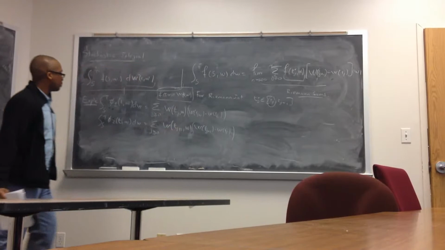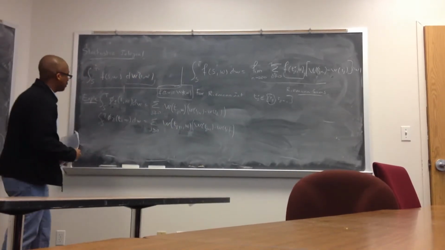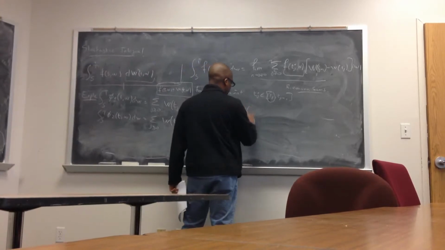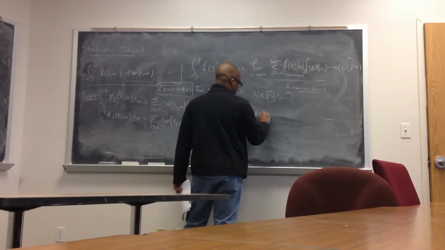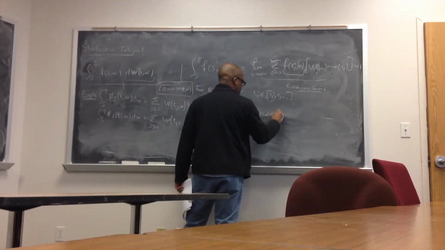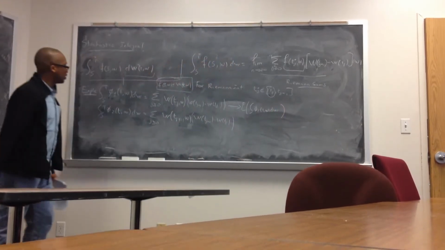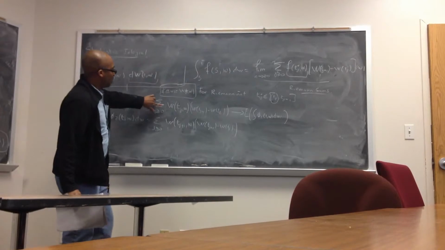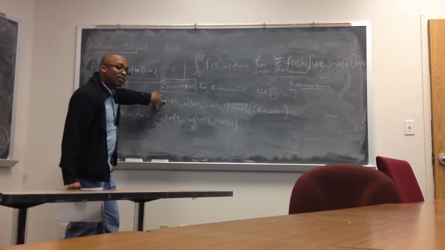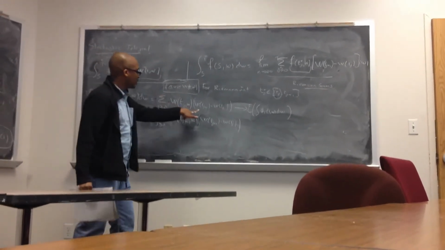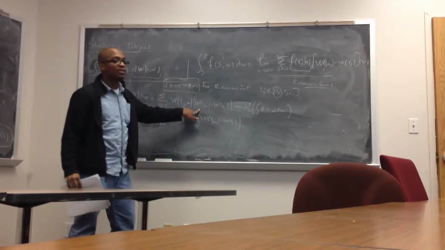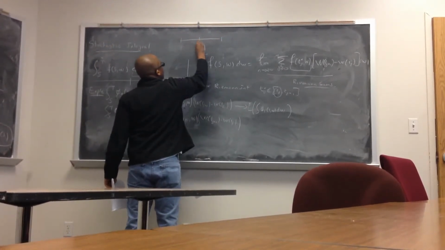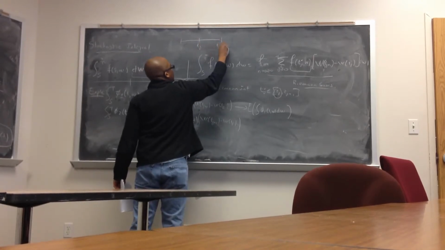But in this case, if I'm looking at the expectation of the first one, you put the expectation inside because it's linear. What's going to happen? Imagine you have your TG here and TG plus 1.